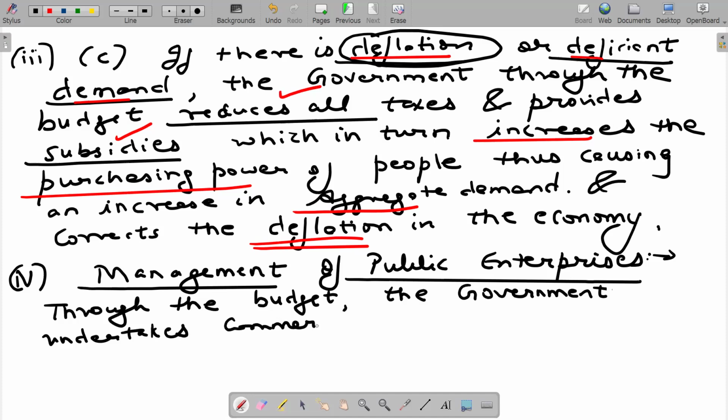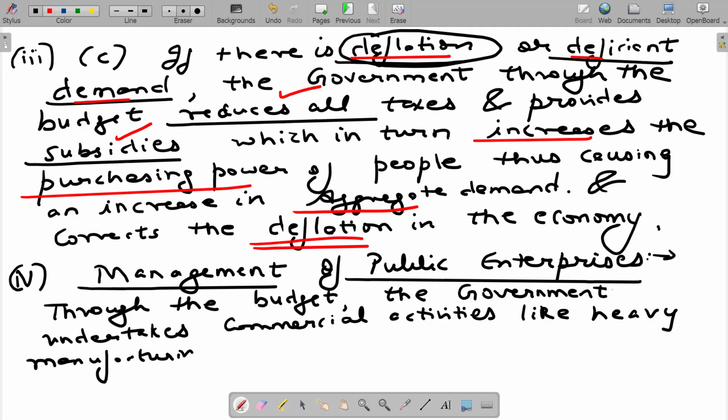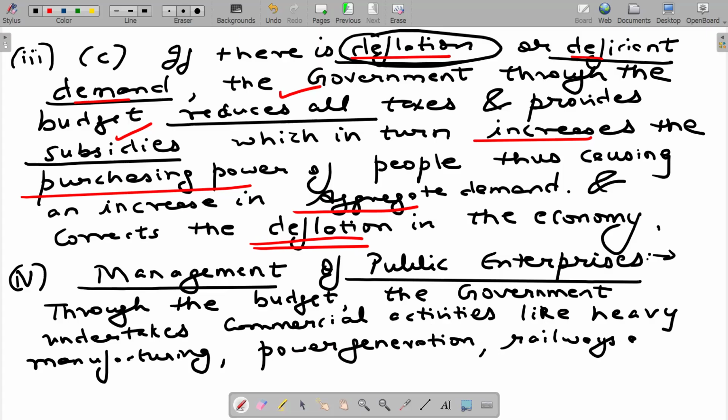The government undertakes various commercial activities like heavy manufacturing, power generation, railways, etc. That means the government also has to manage all these departments.